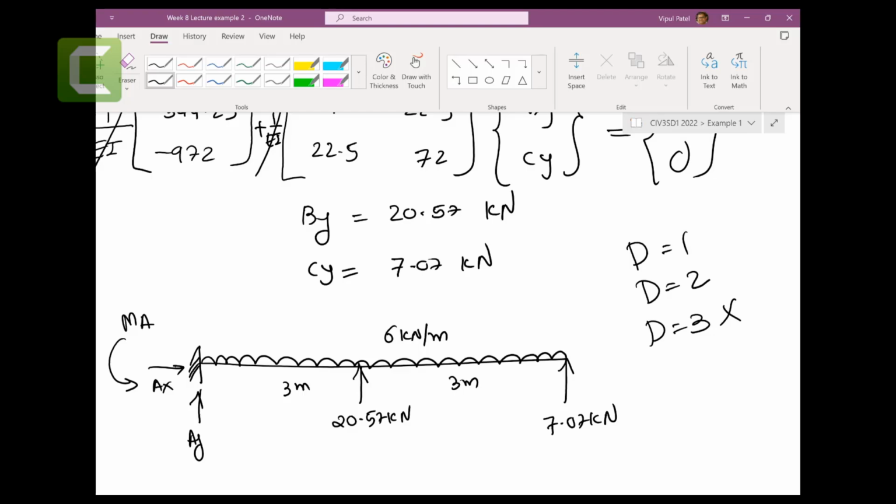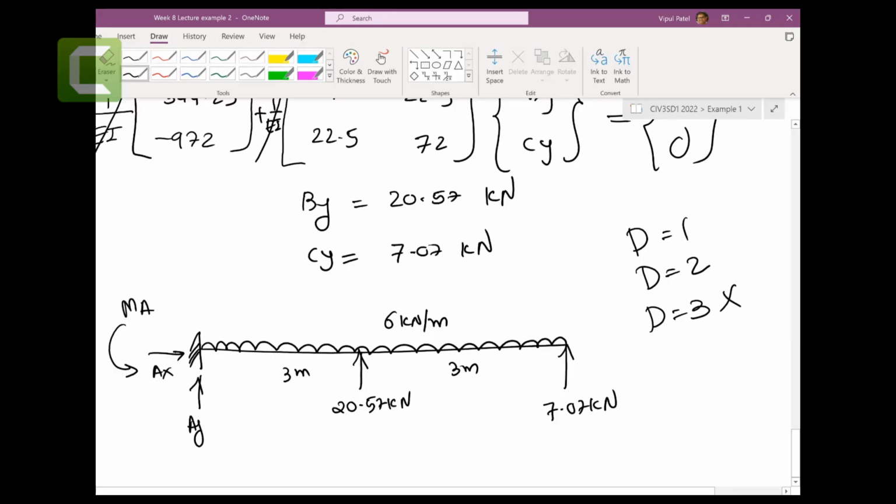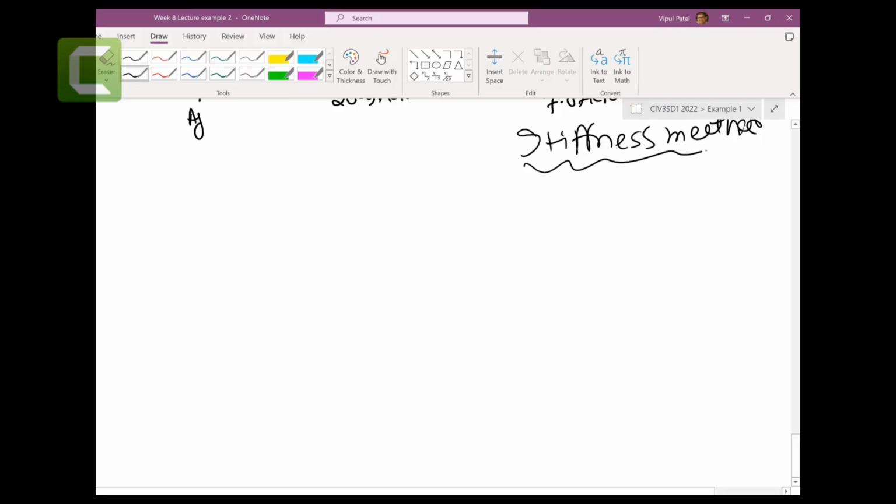It's quite long, quite tedious, and even 2 gets complicated. 2 is possible, you can see with this one, but more than 2, I think it will not be possible. For that case, like multi-story and large complex structures, we generally use the stiffness methods. I think we're going to teach you the stiffness methods.